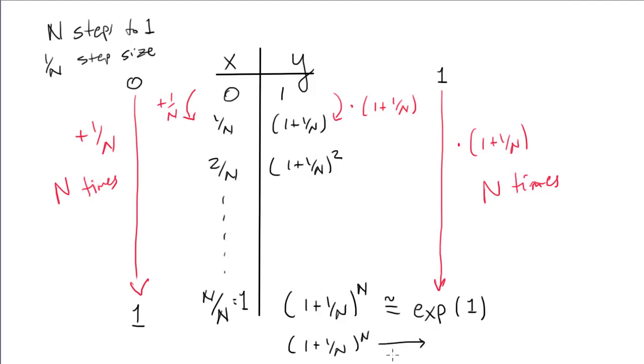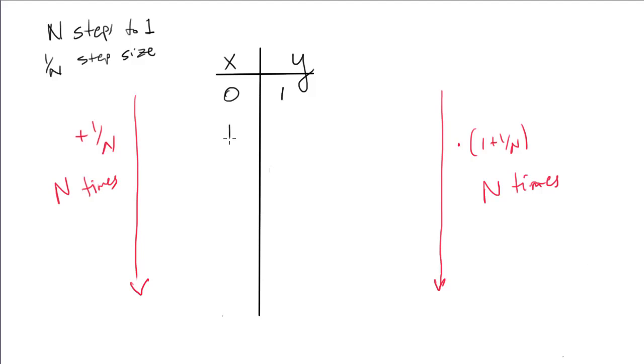So driving n to infinity is driving h to 0, and there's the definition of the exponential function of 1. This has a brand new symbol, e, that stands for it. This number is defined in terms of a limit. It's a transcendental number.